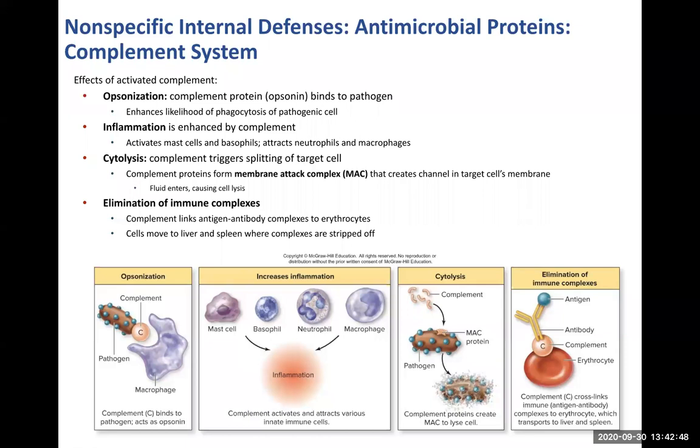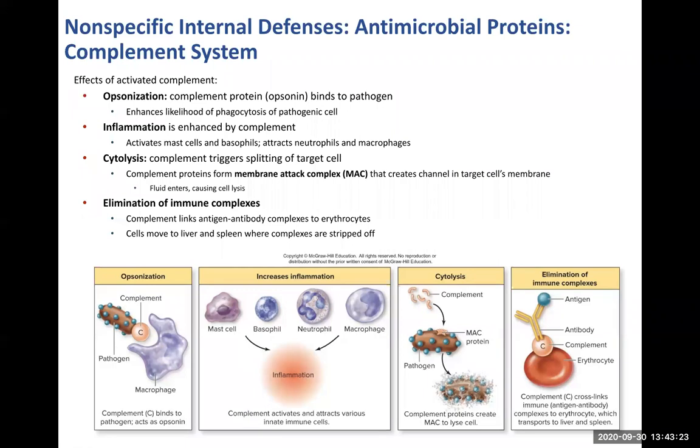In the context of complement, the complement proteins can and will bind directly to the antigen on the surface of a pathogen. Having that complement bound to the pathogen makes these entities much more visible to immune cells like macrophages. So it essentially makes the pathogen tastier to the macrophages.